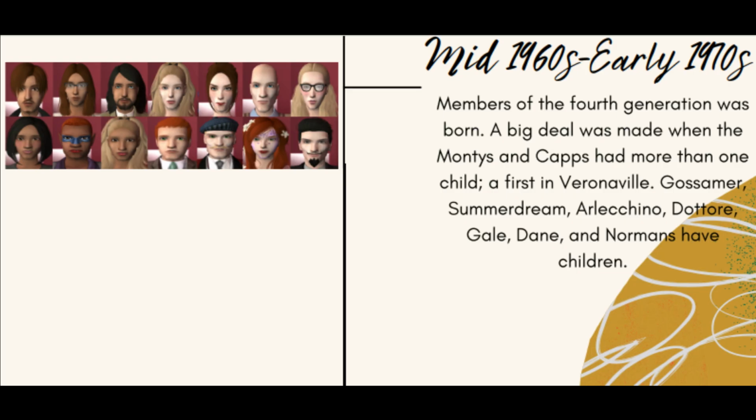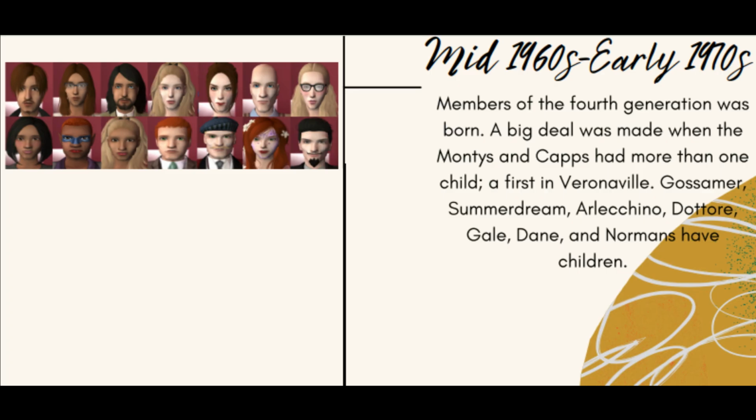And it's a big deal that a nuclear family has more than one child. As we all know, Consort and Contessa have four children, while Patrizio and Isabella have three children. Go through the Veronaville family trees anytime before this, and they all have one child. Patrizio, Isabella, and Consort and Contessa completely broke this with them having either 3 or 4 children.